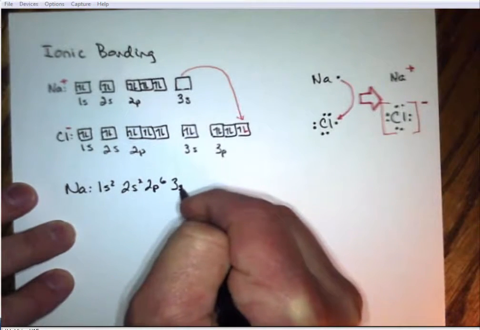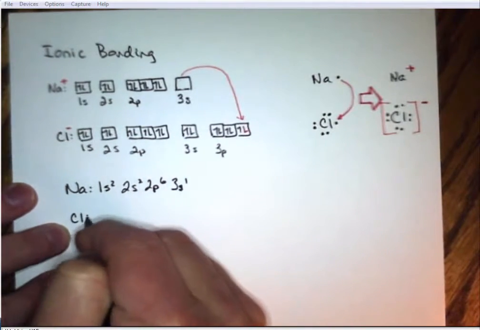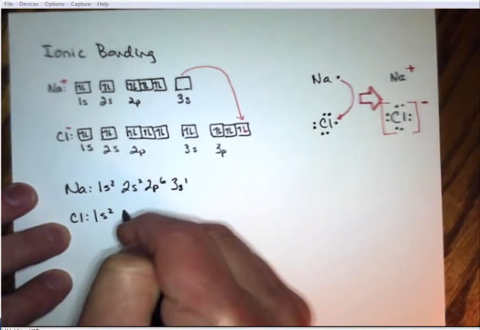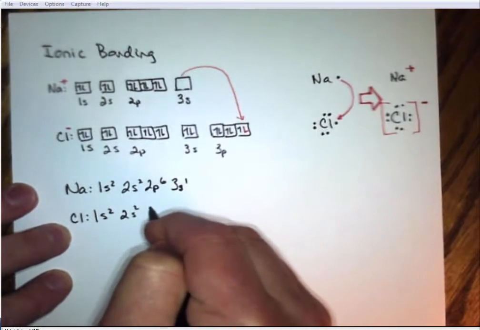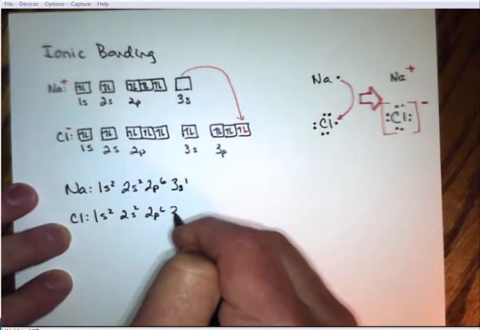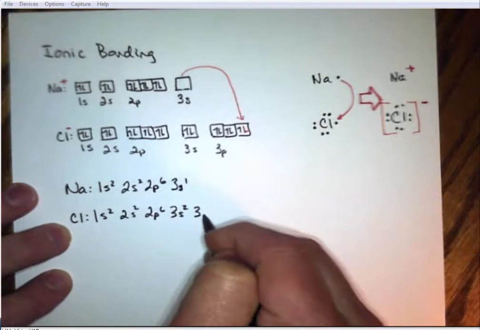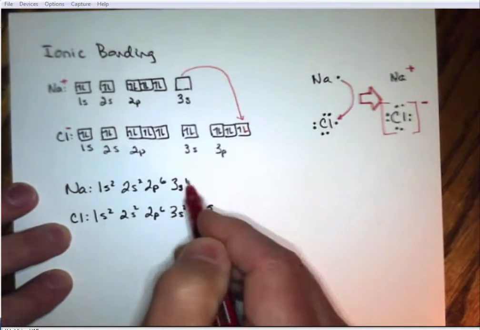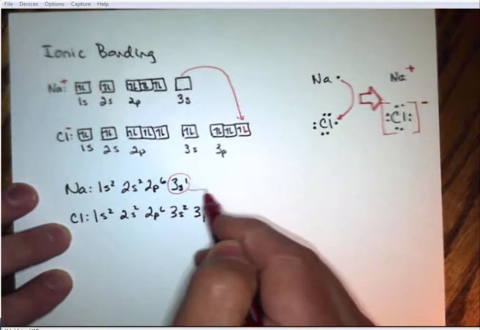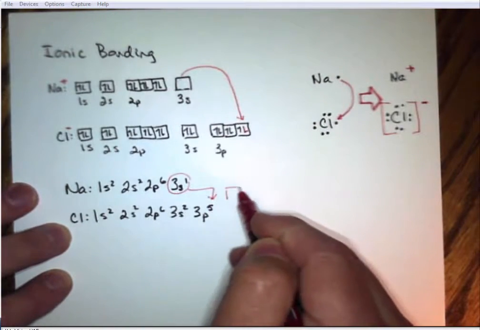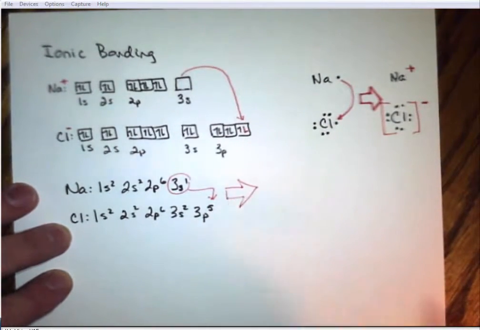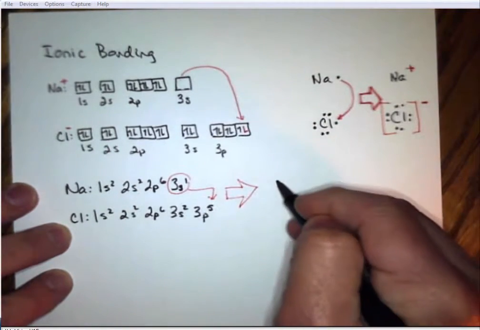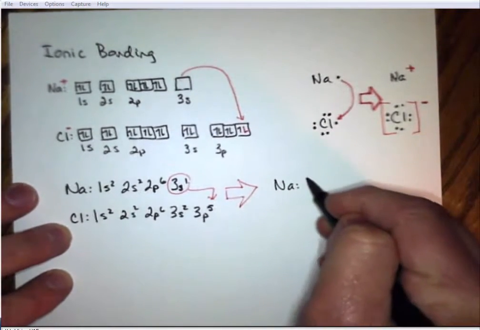And chlorine is 1s2, 2s2, 2p6, 3s2, 3p5. So I could do it like this and say this electron is going to go down here, and then show the result of that.